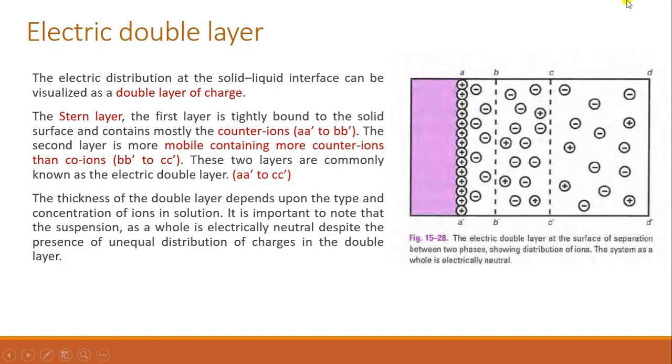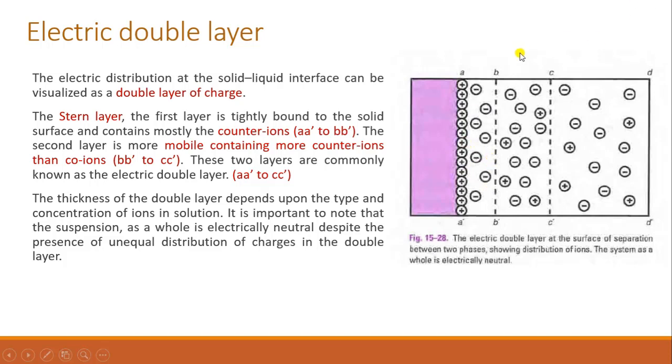This cation will attract anions from the solution, and will also repel further adsorption of cation because same charge will repel each other. So this adsorbed cation will attract anions towards the solid surface.